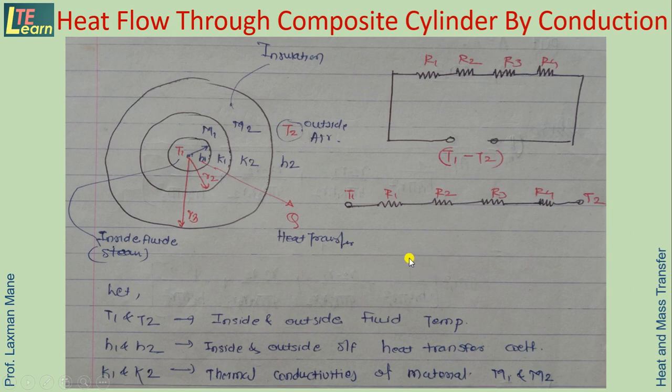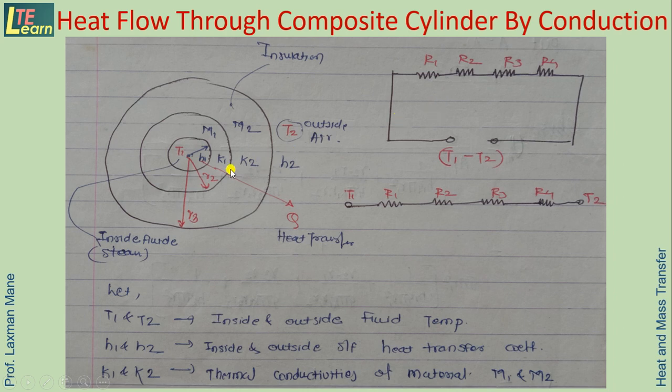Now the next case is heat flow through a composite cylinder by conduction. In this case, we see this hollow cylinder has 2 layers. This is a layer of K1 thermal conductivity and the outer layer is of K2 thermal conductivity. The K1 layer material has radius R2, the outer material has radius R3, and the hollow inner circle has radius R1.